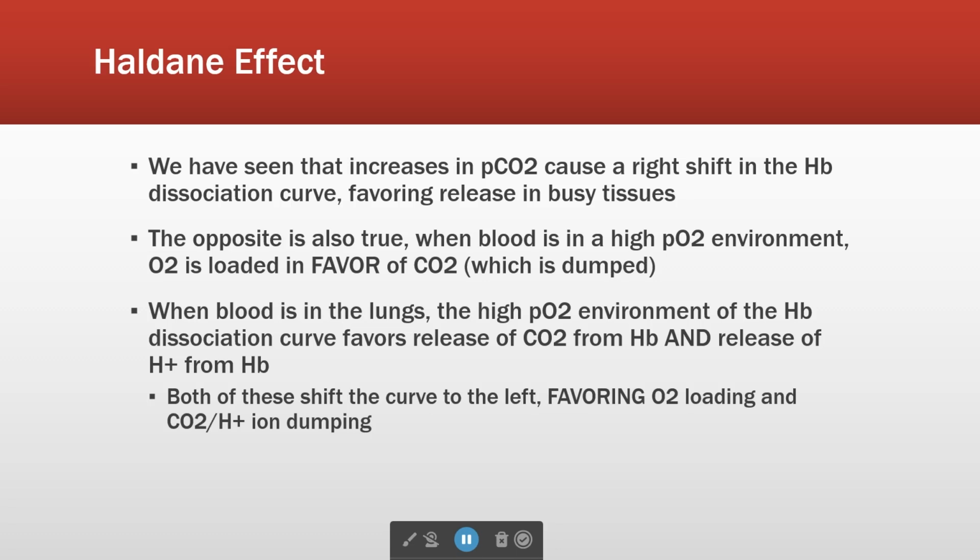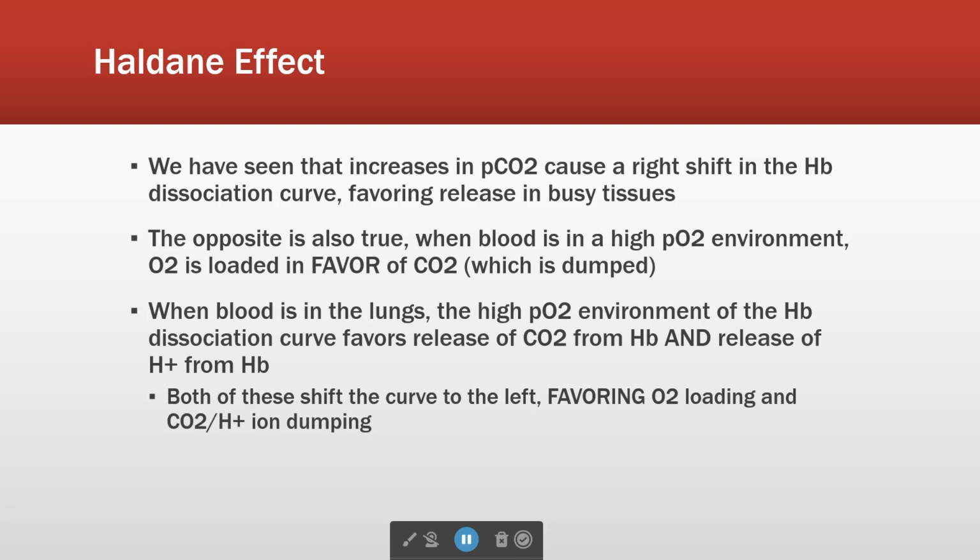That's essentially what I'm saying. In other words, when PO2 is high, O2 is loaded in favor of CO2. So when the hemoglobin enters the lungs where the PO2 is high, the CO2 is dropped, right? When that same hemoglobin gets to the tissues where PO2 is low, CO2 is added. See? So the Haldane effect makes hemoglobin a reverse transporter for CO2.